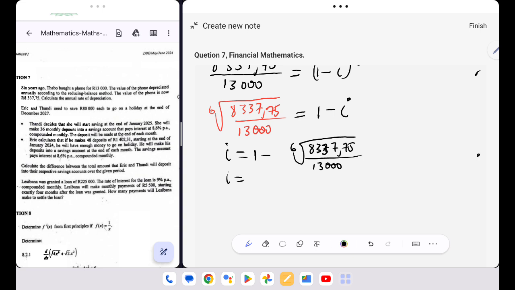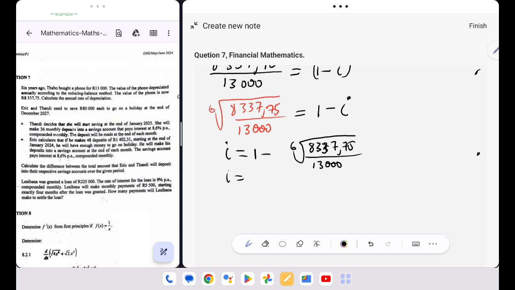divided by 13,000. I'll get 0.075244538.